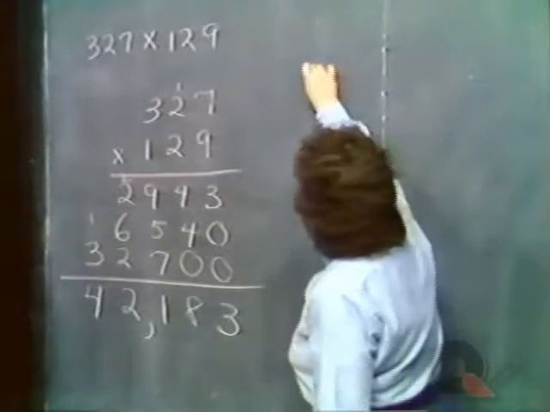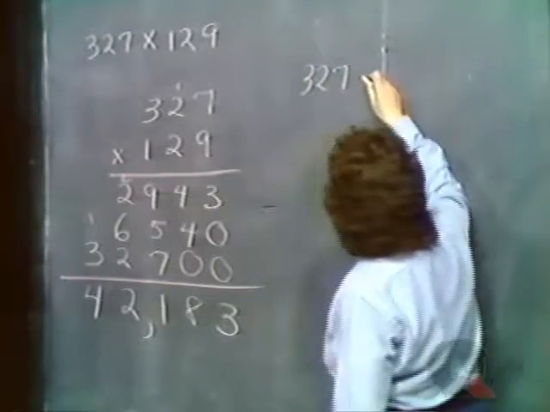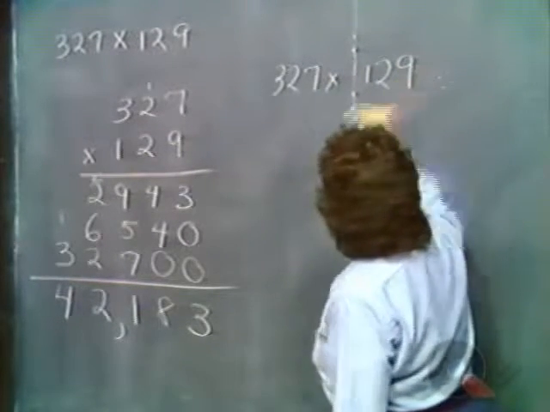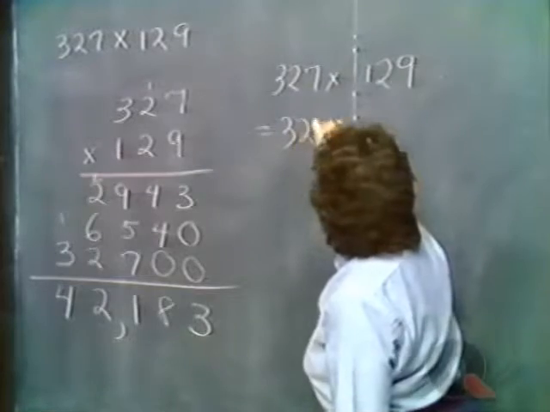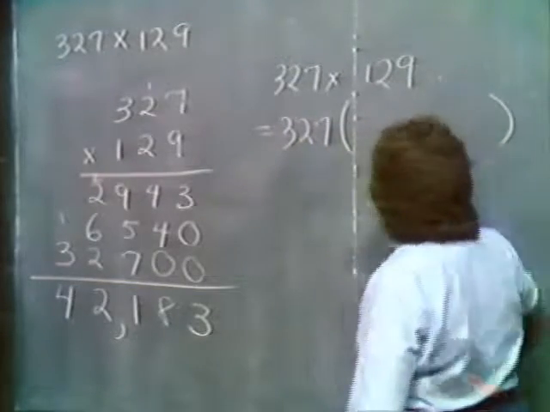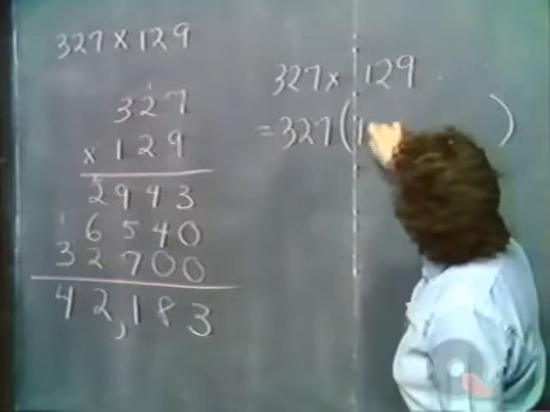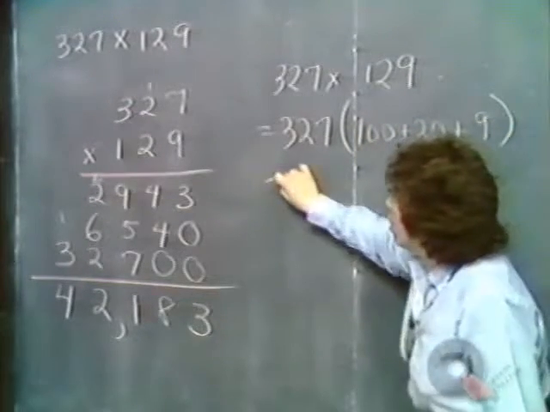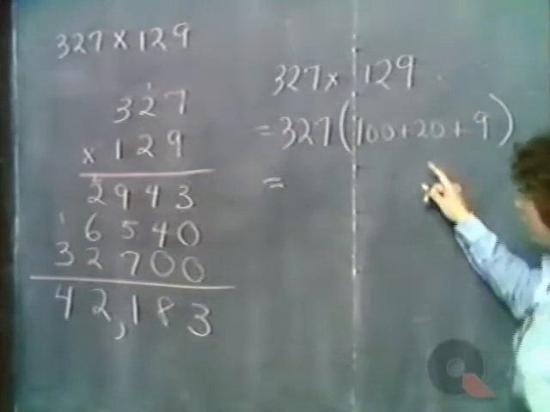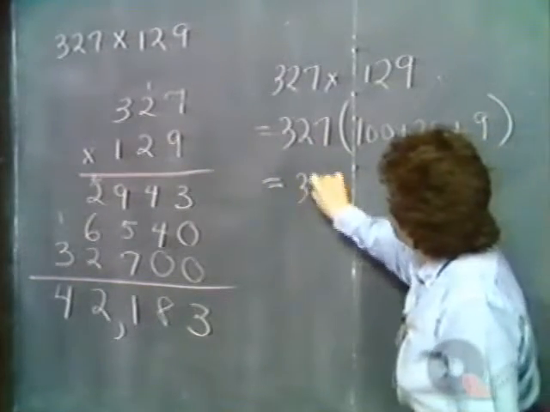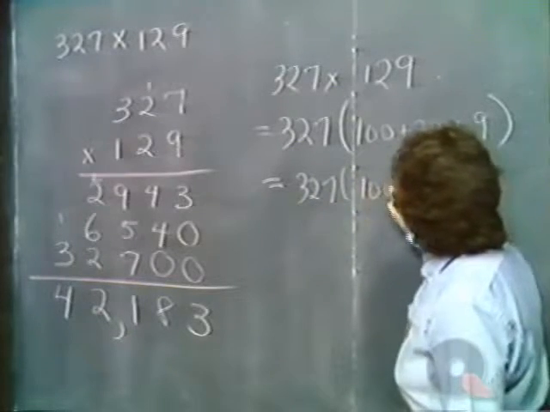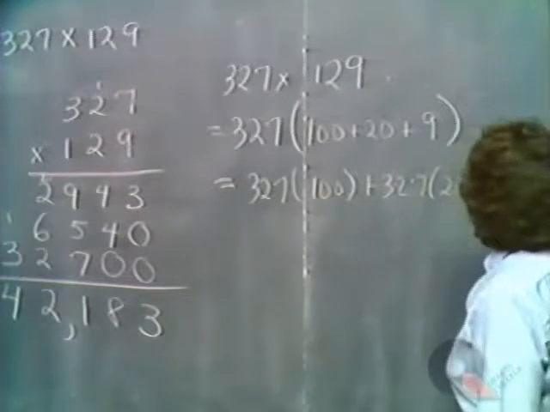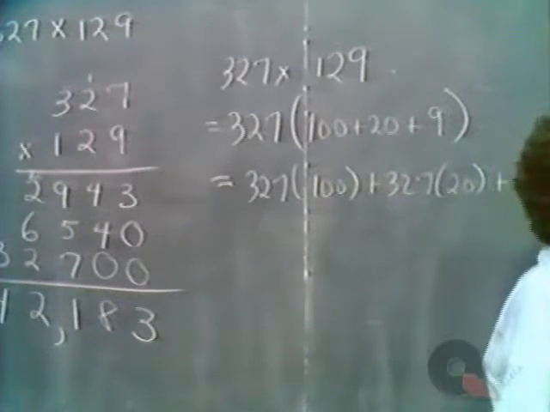Now I just want to explain why we put those zeros in there. When you're multiplying 327 times 129, it's really 327 times (100 plus 20 plus 9). We can use parentheses also to indicate multiplication. According to the distributive law of multiplication, we need 327 times 100 plus 327 times 20 plus 327 times 9.